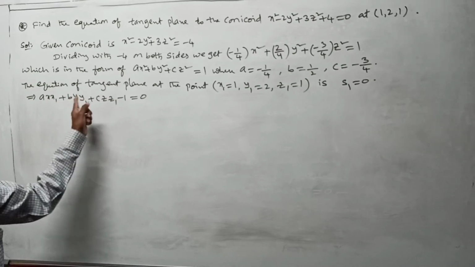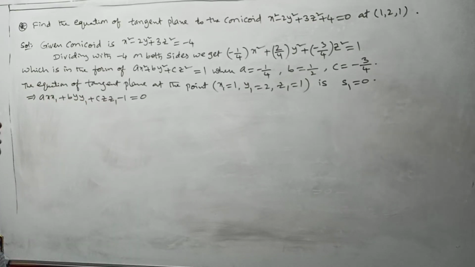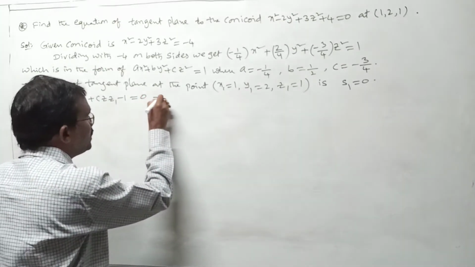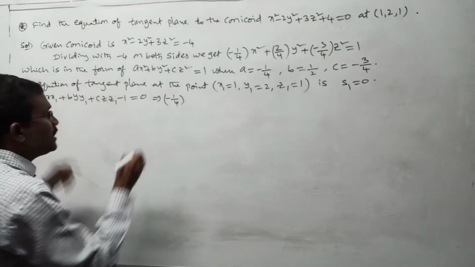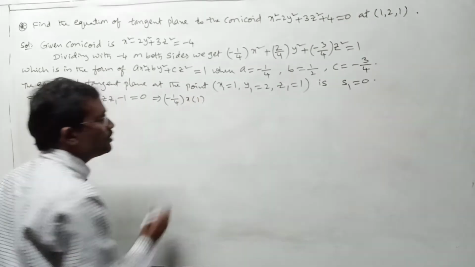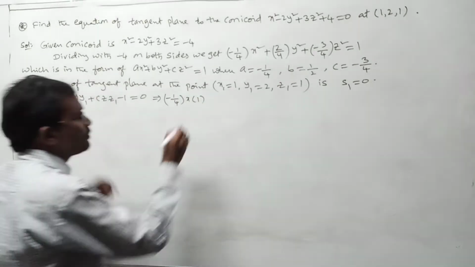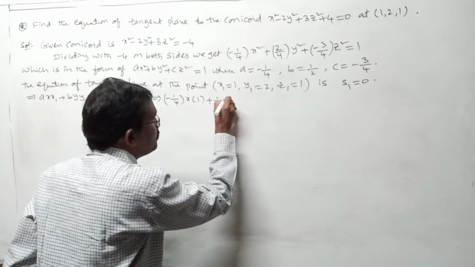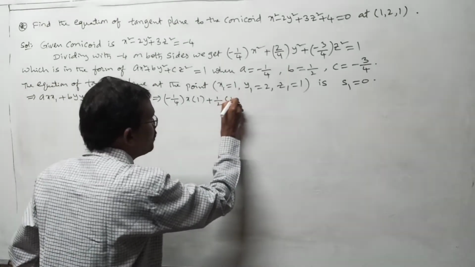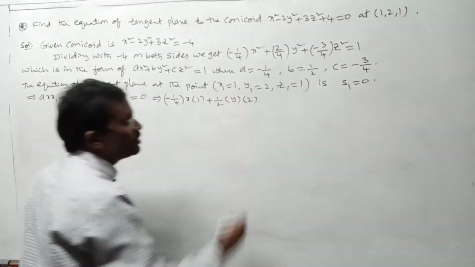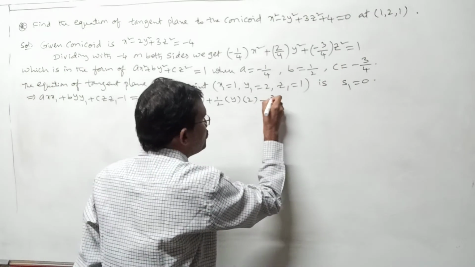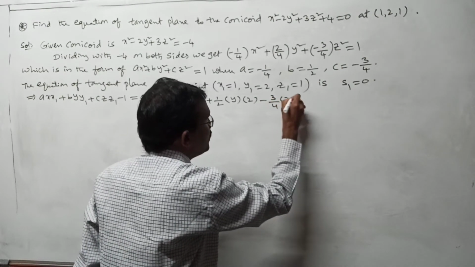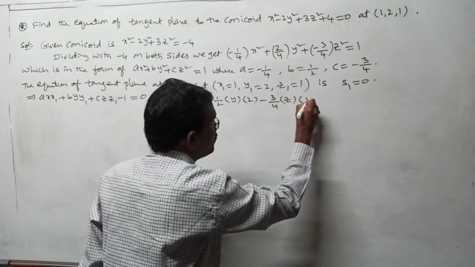Substitute a and x1, b and y1, c and z1 values here. This implies, what is a here? Minus 1 by 4 into x into x1 is 1. Next b, plus 1 by 2 into y into y1 is 2. And c is minus 3 by 4 into z into z1 is 1.